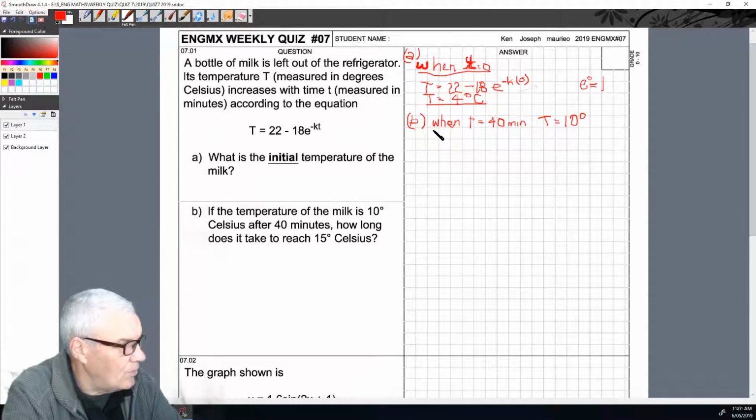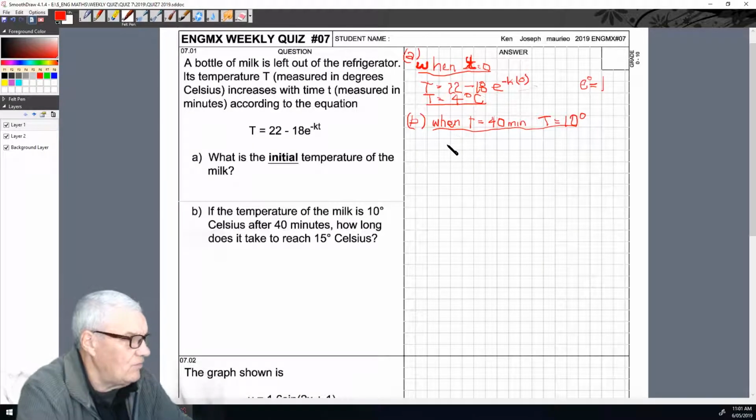Okay, so right, now we can fill in some stuff.